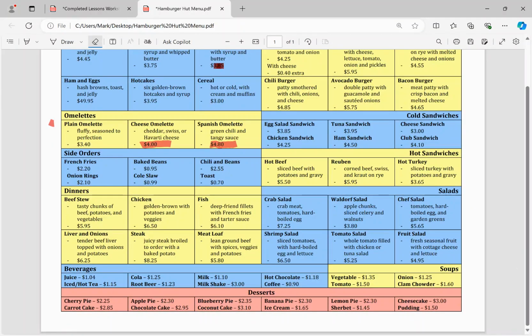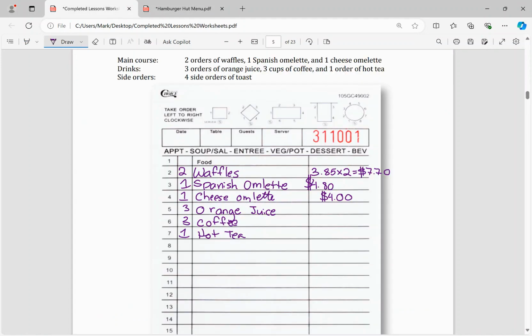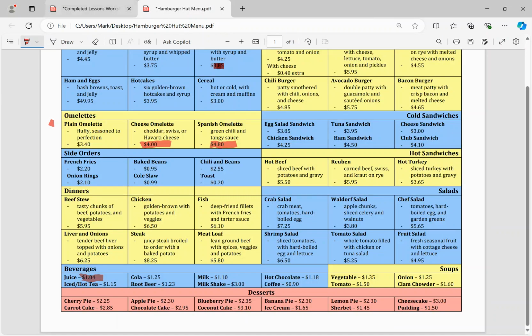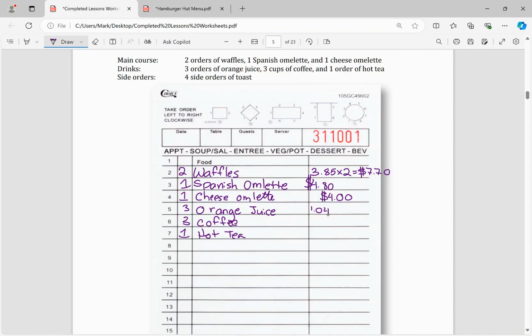Okay, beverages are down here in the second last row. So we're looking at juice. It looks like all juice costs the same here, and that is $1.04, right? You can find that right there. So this is going to be $1, and did I say 4 or 5 cents? 4 cents.